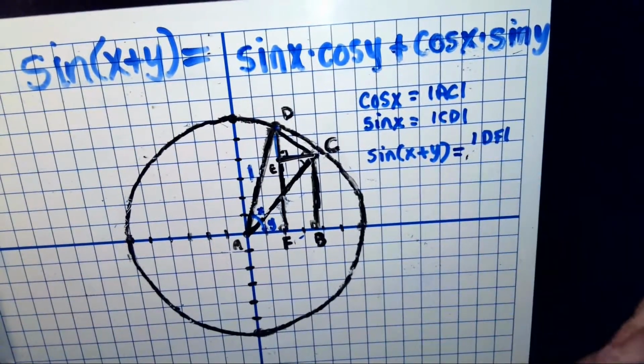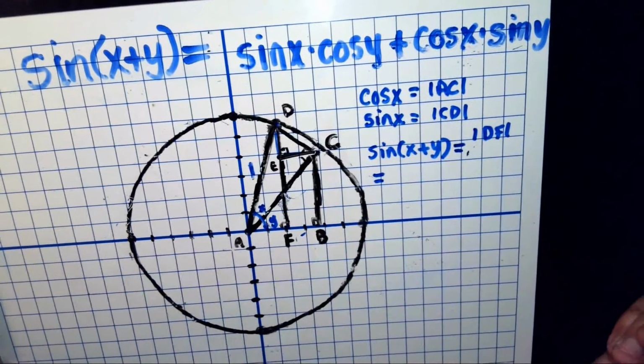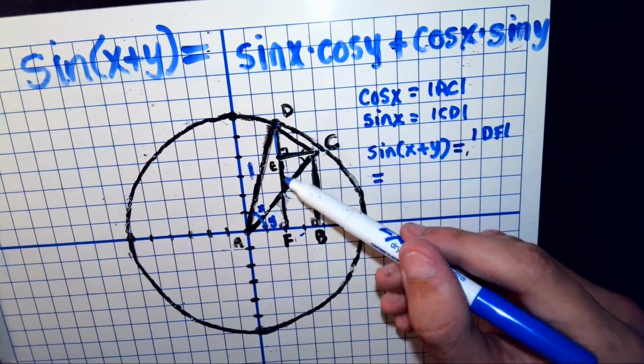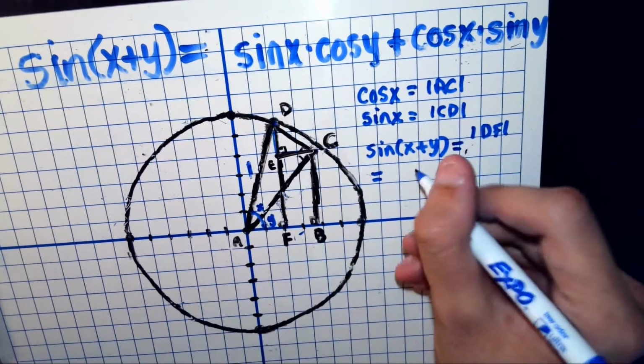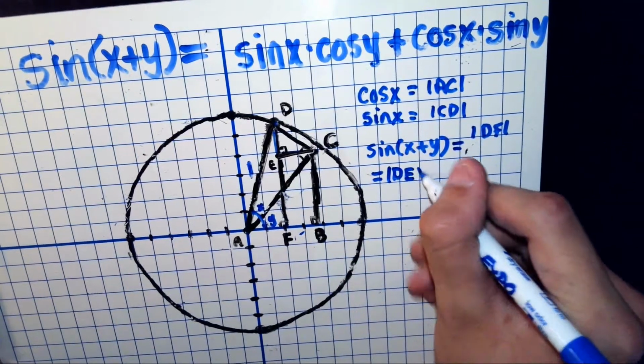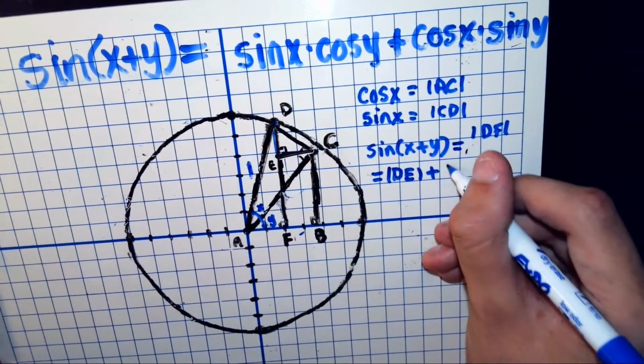So I'm just going to say DF. And then DF can be split into two pieces. DF is the segment DE plus the segment EF.